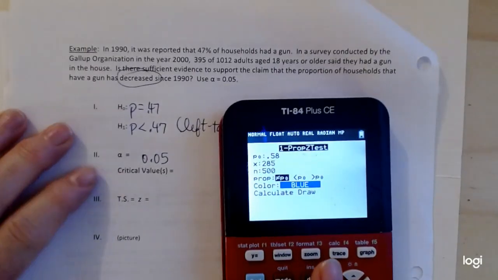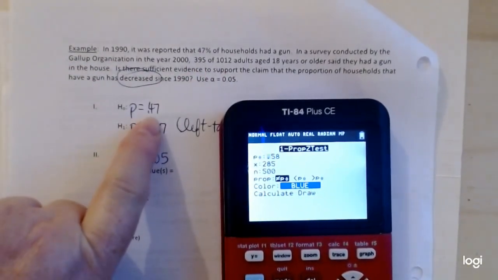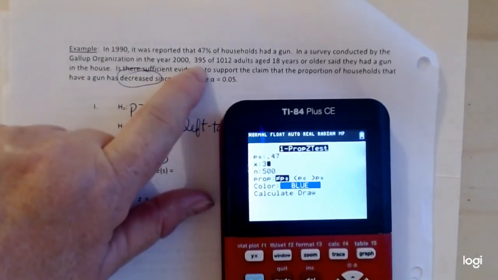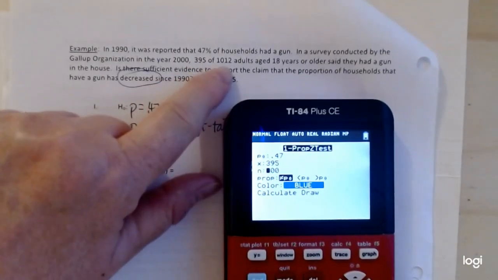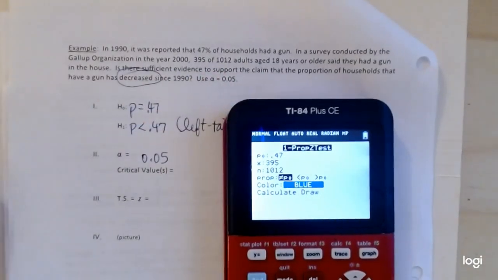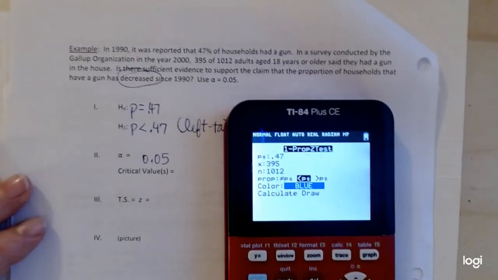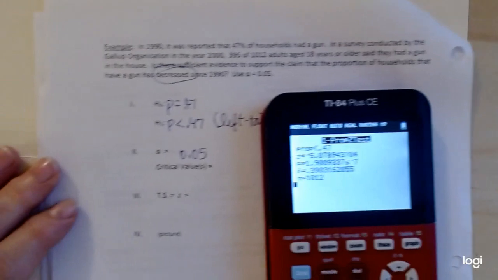So we have P naught is 0.47. X is 395. N is 1,012. This is left tail, so we're going to go to our lesser than, and we'll go to calculate.